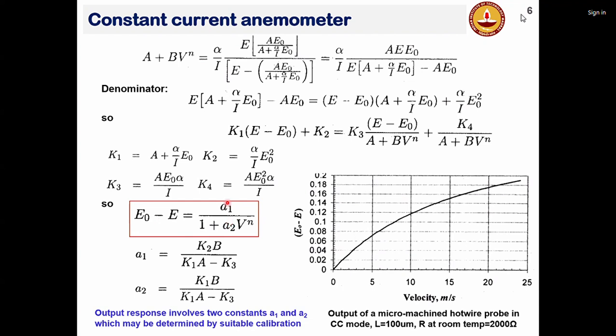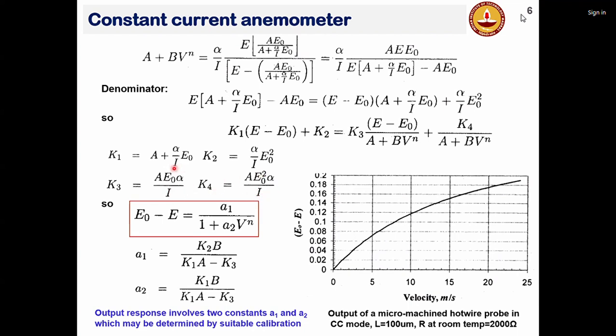Now this A1, A2 are basically constants that are expressed here. So A1 is K2B over K1A minus K3, and A2 is K1B divided by K1A minus K3. Again, this K1, K2, K3 are represented in terms of alpha, the constant A, E naught, and I. Because I is kept constant, right?